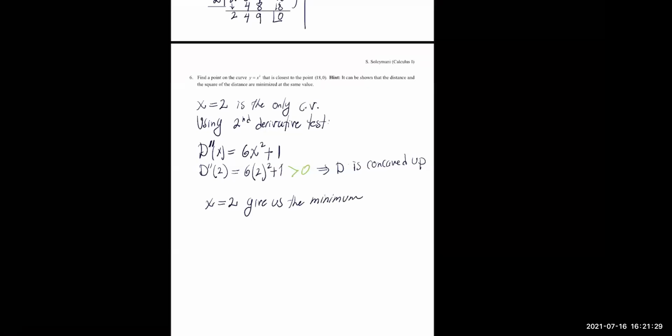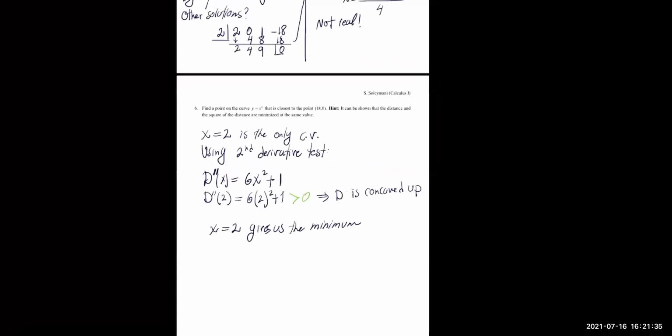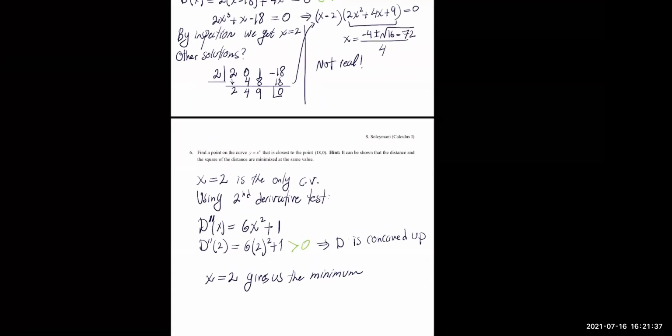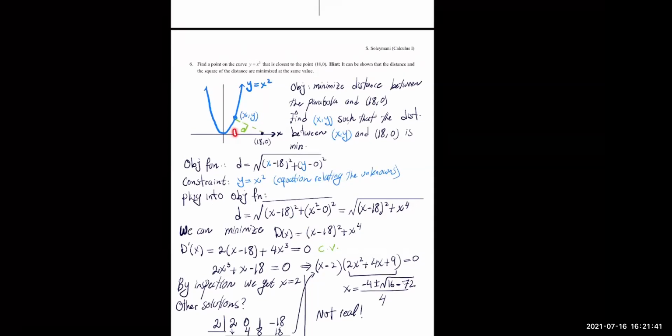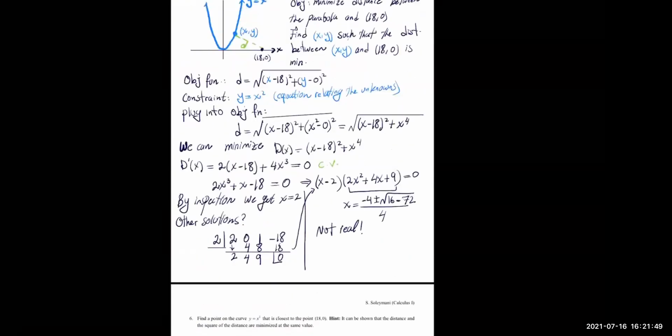And that's what we wanted. We wanted to minimize distance, and we did. So if you choose x equal to 2 on this parabola, the distance is going to be smallest. So what would that point be?